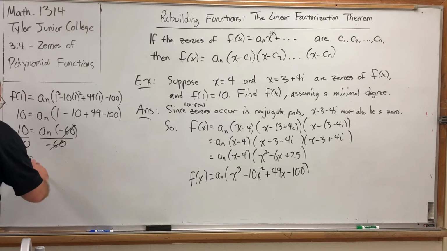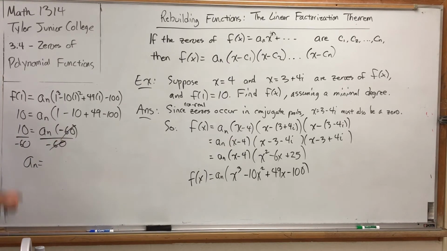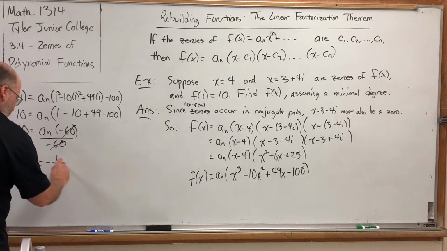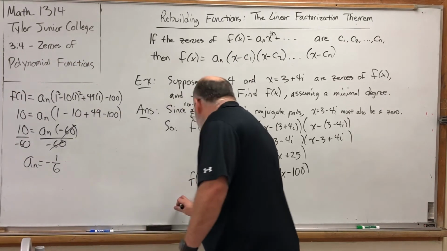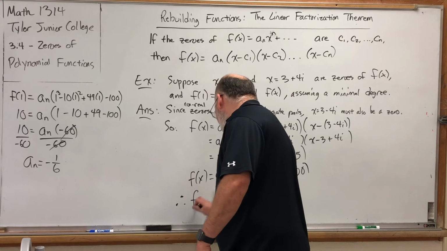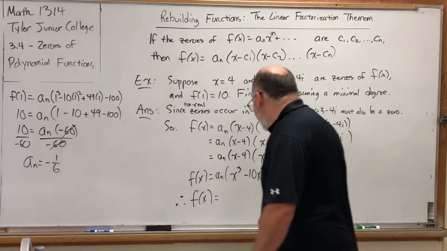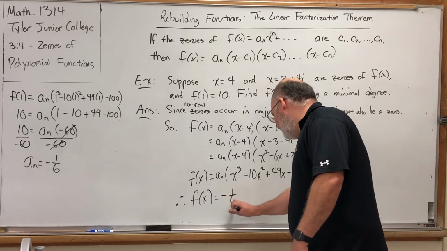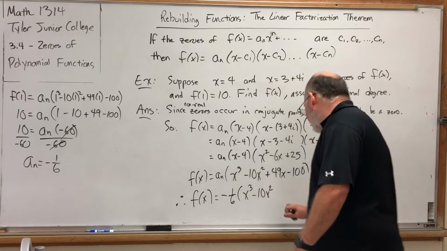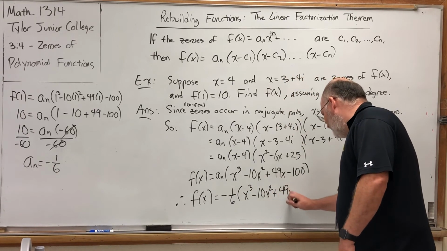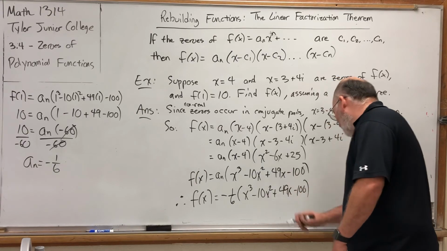And so my leading coefficient is 10 over negative 60, which reduces to negative 1/6. Therefore, my function, and it's okay to leave the negative 1/6 factored out, is negative 1/6 times x to the third minus 10x to the second plus 49x minus 100.